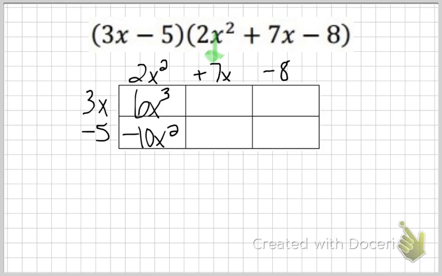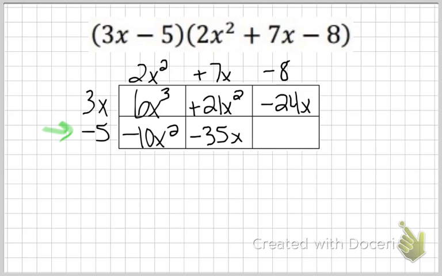Then we have 7x times 3x would give us a positive 21x squared. Then we have negative 5 times 7x would give us a negative 35x. 3x times negative 8, negative 24x.